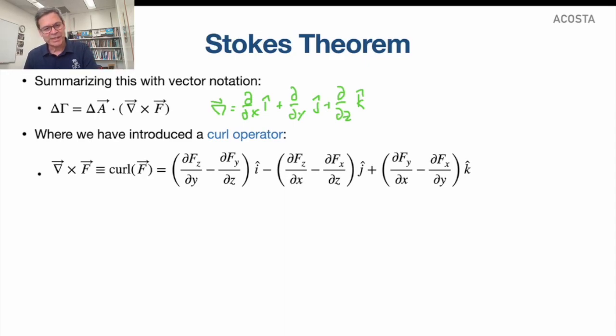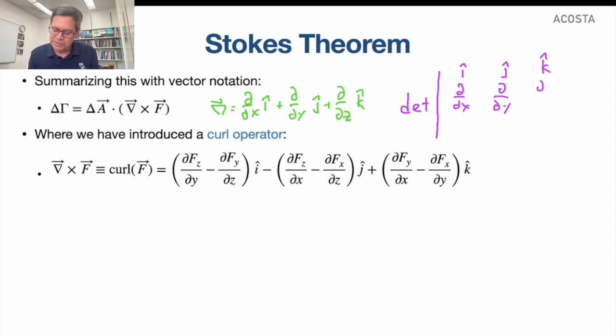One symbolic way to remember how to write that curl without always having to look it up, though it's perfectly fine to look it up, is a trick if you know anything about taking the determinant of matrices. One way to remember this is a determinant of a 3x3 matrix: i hat, j hat, k hat, then my gradient operator d/dx, d/dy, d/dz, and then the field I'm taking the curl of, f_x, f_y, f_z.